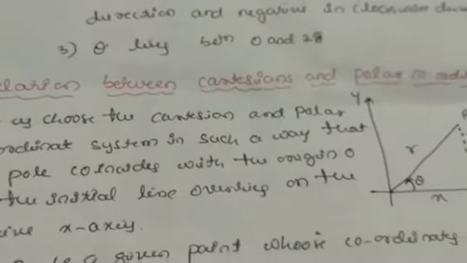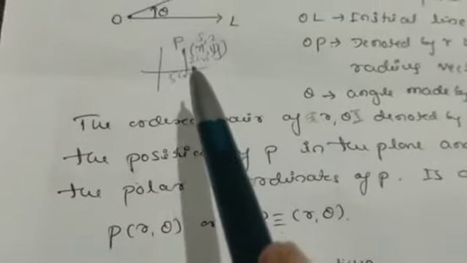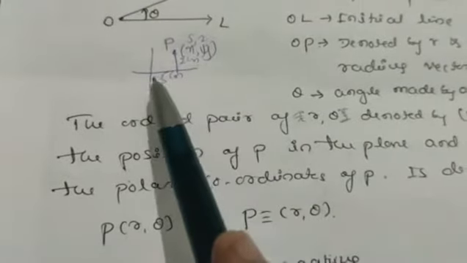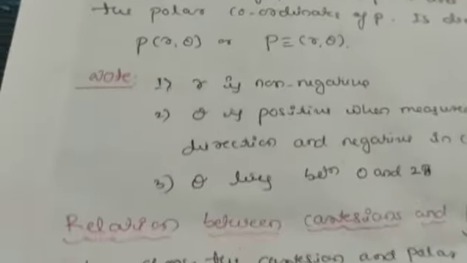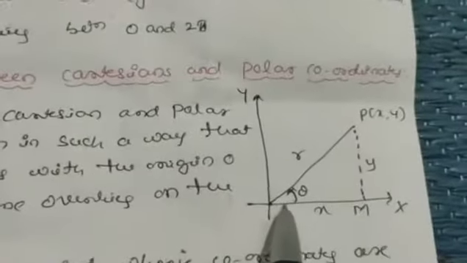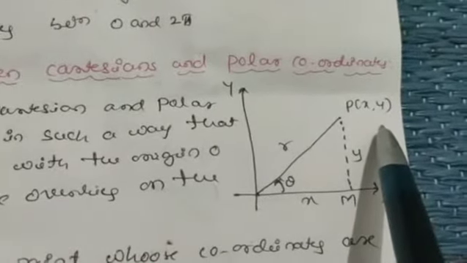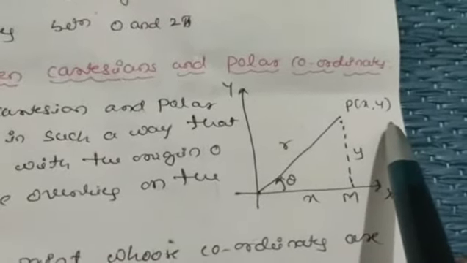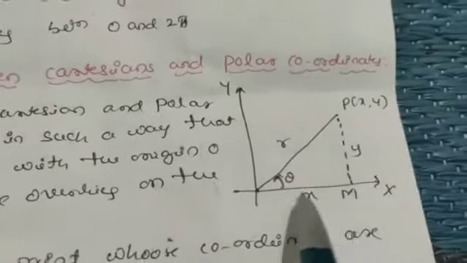Now next is the relation between Cartesian and polar coordinates. In Cartesian coordinates, a point is P of x comma y, where this is the x coordinate and this one is the y coordinate. Let us take this figure. Let P of xy be any point in Cartesian coordinates, and let us draw the perpendicular PM to the x-axis.